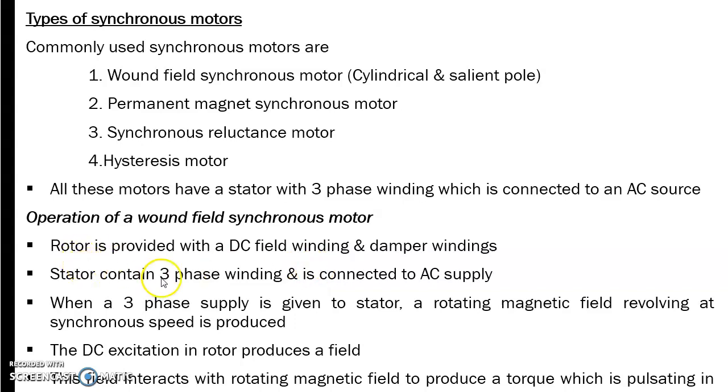Stator contains 3-phase winding and is connected to the AC supply. When a 3-phase supply is given to the stator, a rotating magnetic field revolving at a synchronous speed is produced, and the DC excitation in rotor produces a field. This field interacts with the rotating magnetic field to produce a torque which is pulsating in nature and not unidirectional.